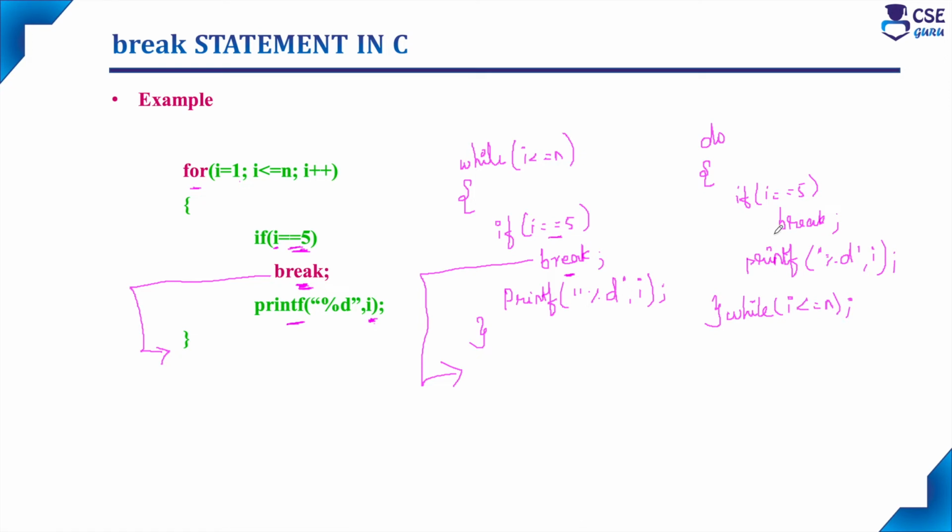So in the do while loop also, when i reaches 5, it will break and control will be transferred out of the loop. Initialization is i equal to 1 here, and after printing you can increment the value. Here also you can increment the i variable. So this is the purpose of using the break statement in loops.